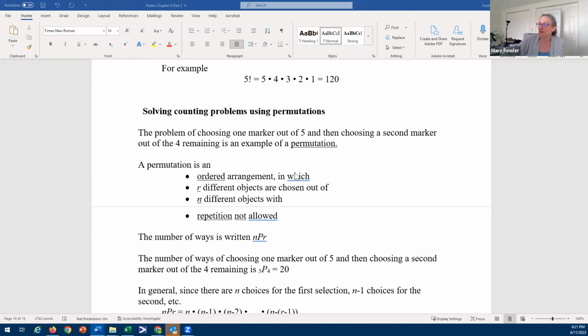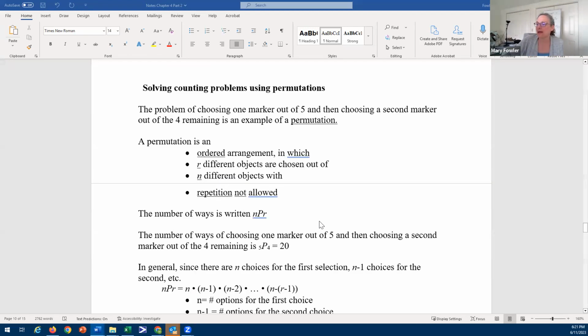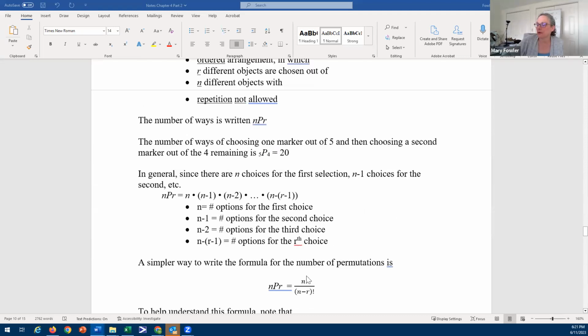So a permutation is an ordered arrangement in which r different objects are chosen out of n total objects, and repetition is not allowed. And the number of ways of making these sorts of choices is denoted nPr, and we are going to work out here what nPr is and how we calculate it.